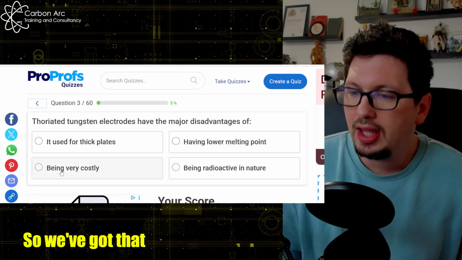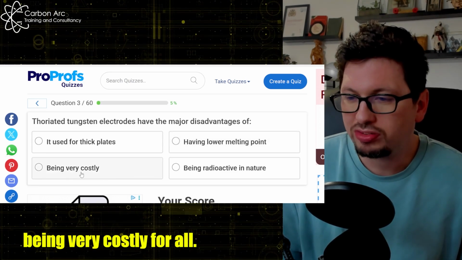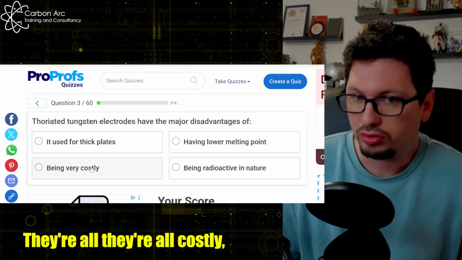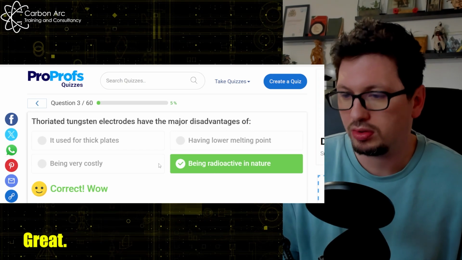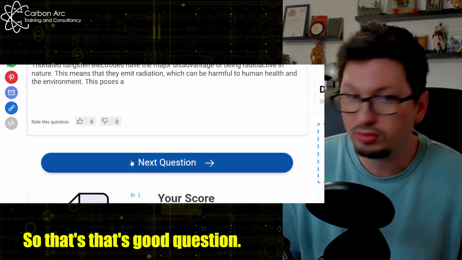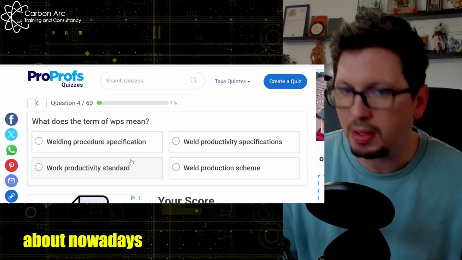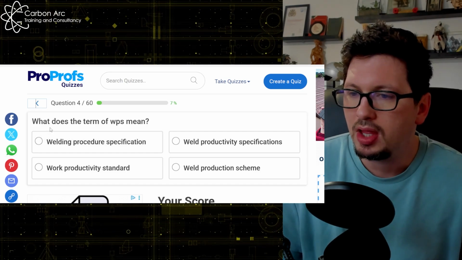So we've got that. Being very costly. Well, they're all costly, but being radioactive in nature. So that's the one we'll go for. Great. So that's a good question. It's something we should be thinking about nowadays, and going from there.